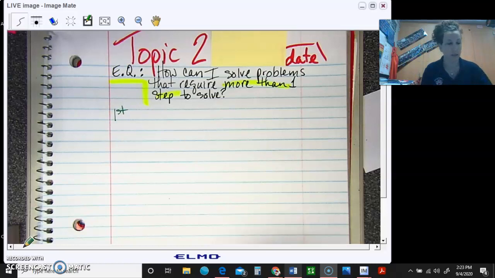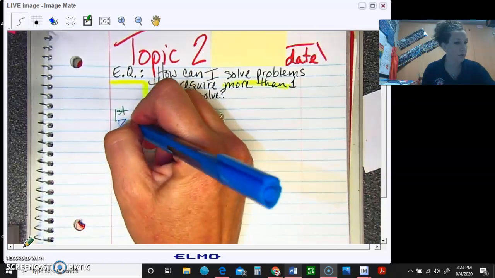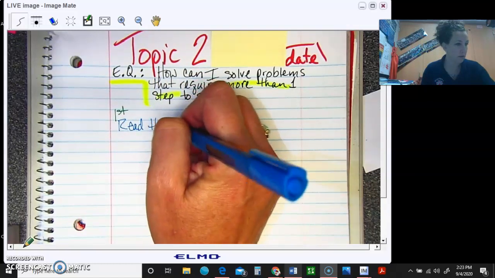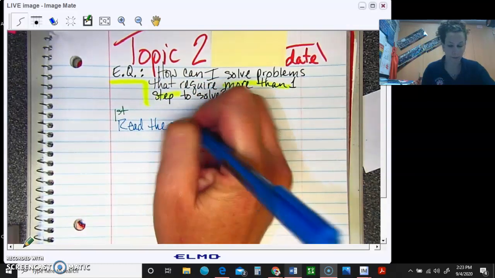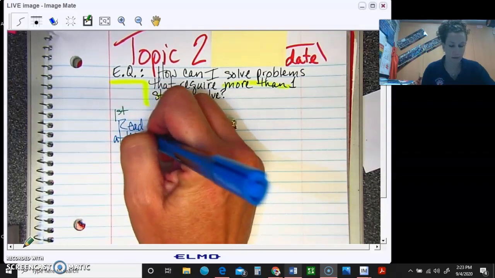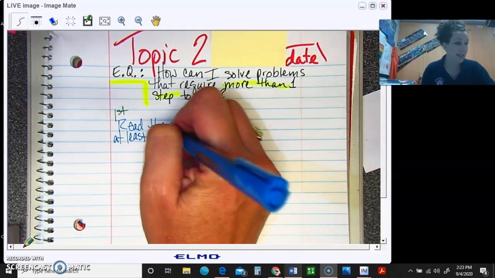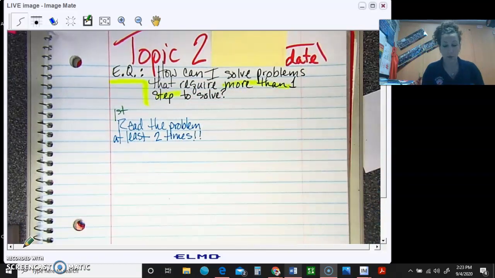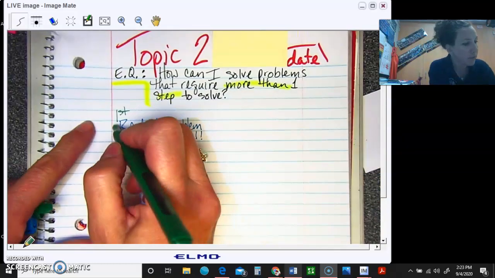It looks messy. Okay, so our first step is read the problem at least 2 times. Okay, 2 times. Now box it up.